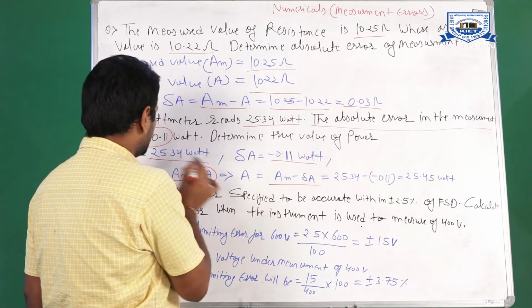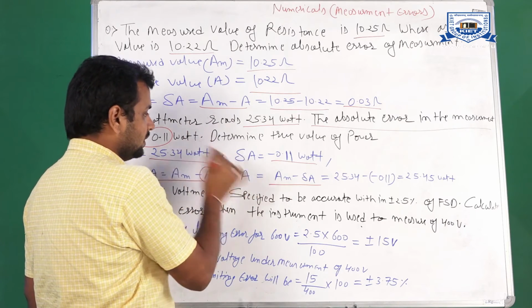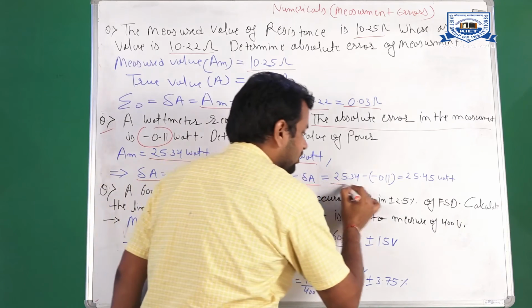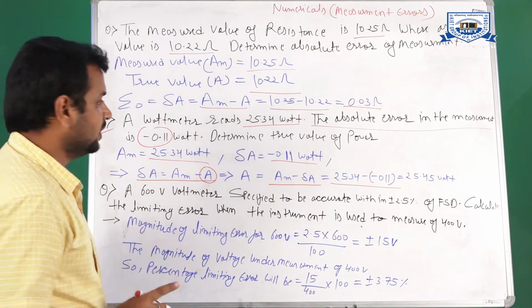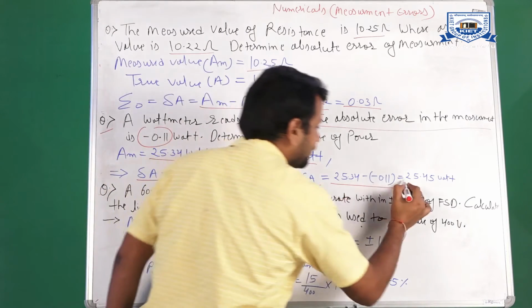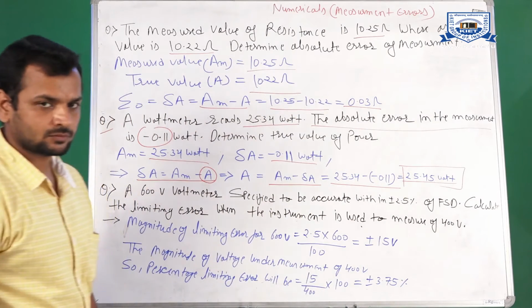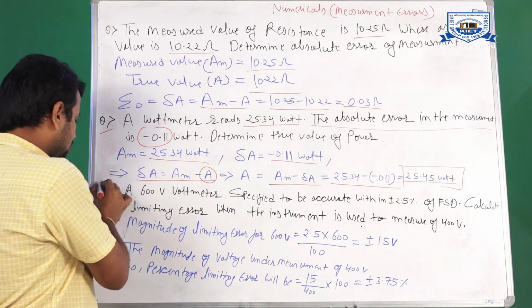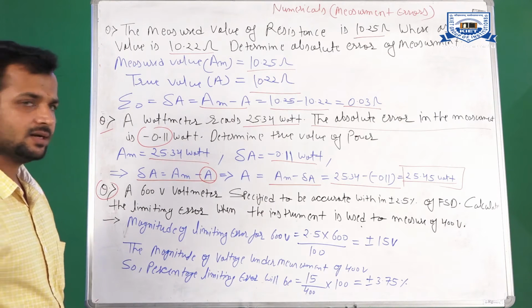You put in the values of the measured value of power and the absolute error. So the true value of the power is 25.45 watt.